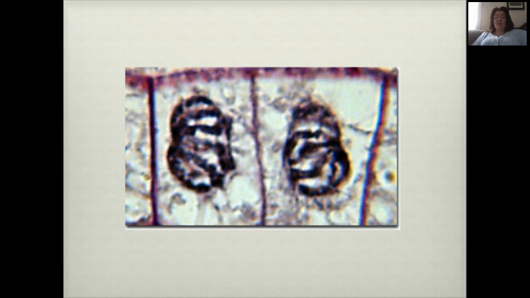This is a cell that's in a very late part of telophase. I know that because look, this is the brand new cell wall that has formed. So a short time ago, this purple line wasn't here, and we had two nuclei inside one cell.